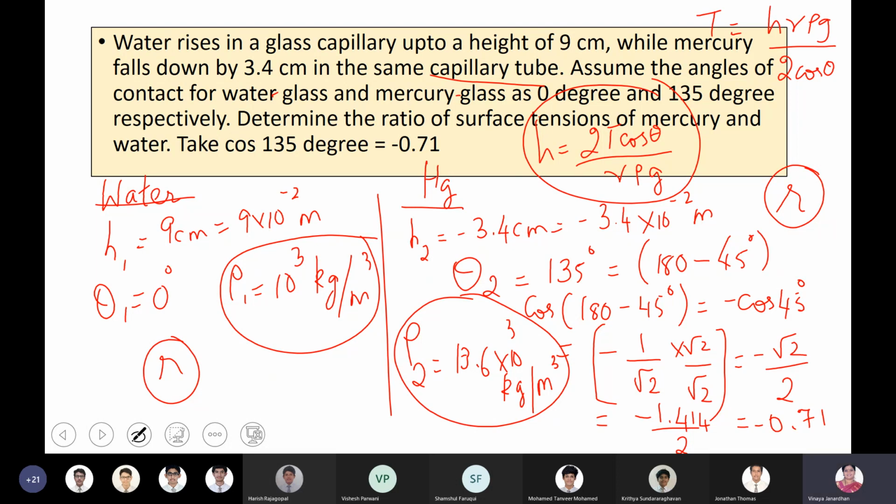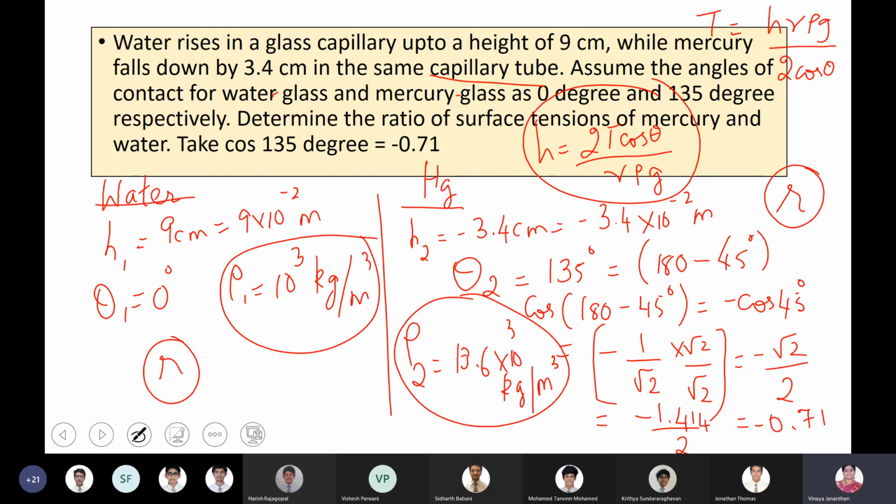Did anyone get the answer, boys? I approximated it multiple times and I'm getting approximately 1 is to 7.2, something like that. I'm getting 0.14, 1.4 into 10 raised to minus 1. Okay.